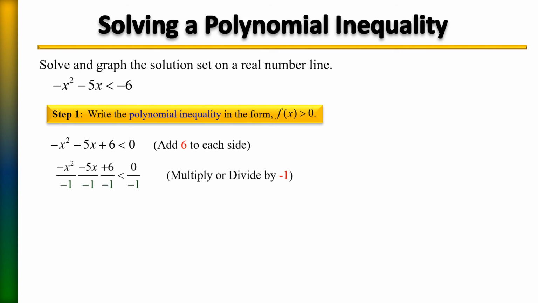When we do that, each sign on the left is going to be its very opposite. So instead of the first term being negative, it's now going to be positive. The second term is going to be positive. And then the last term is going to turn into a negative, because as you can see, positive 6 divided by -1 is going to be -6. And then the other is a negative and a negative. That's why it produced a positive.